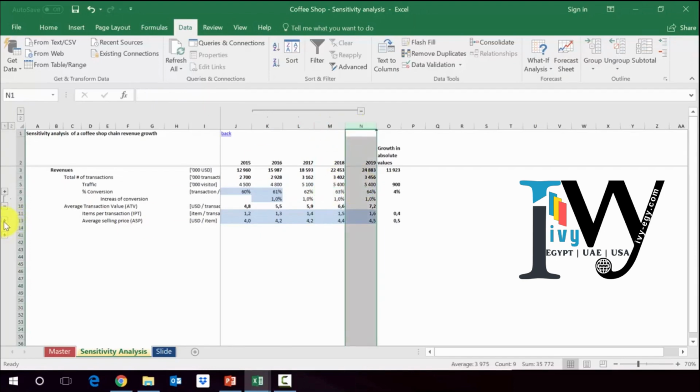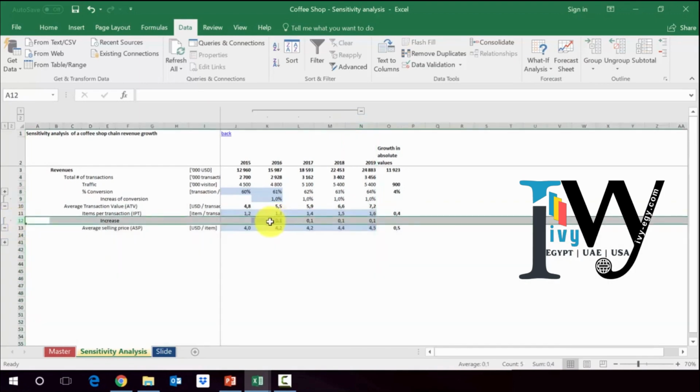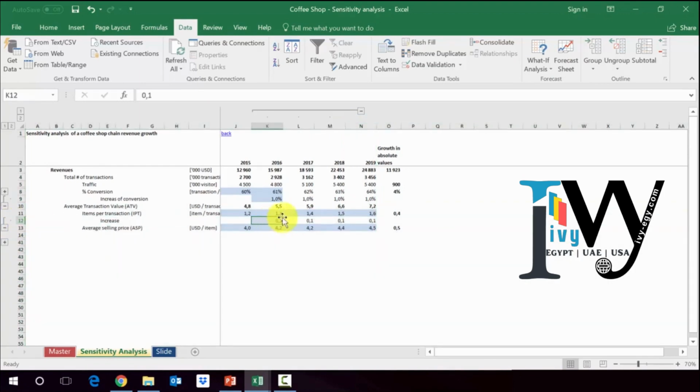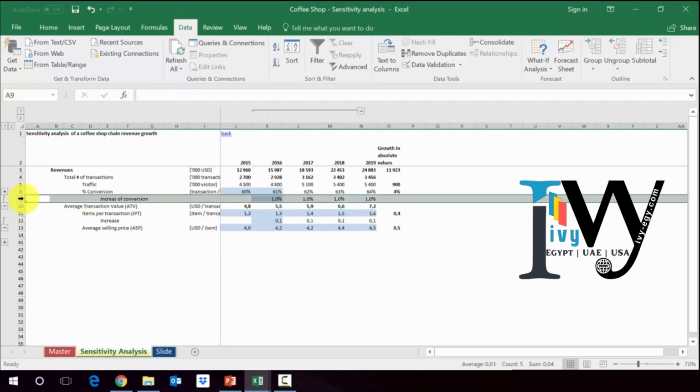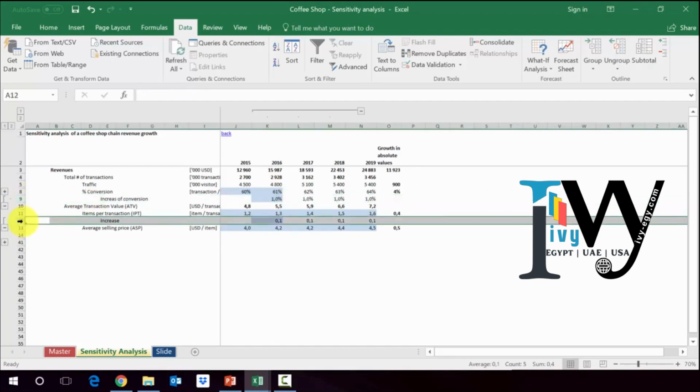We also made a similar assumption on the IPT. We assume that it will increase by 0.1 every year, so it goes from 1.3 to 1.4, then to 1.5, etc. These are the assumptions on the revenue generation: an increase in conversion and an increase in IPT.